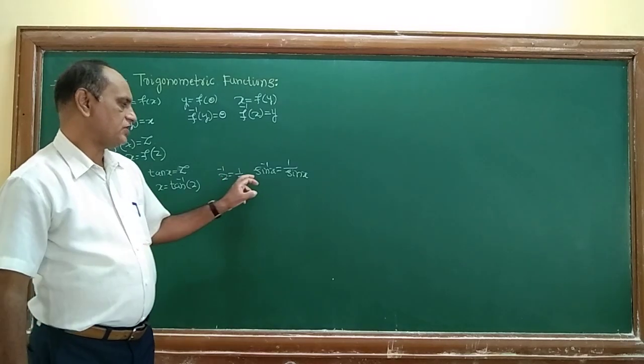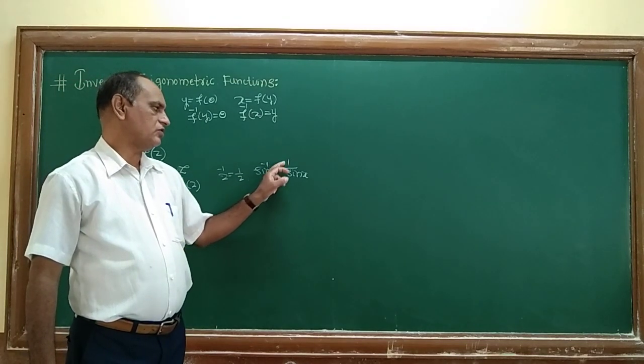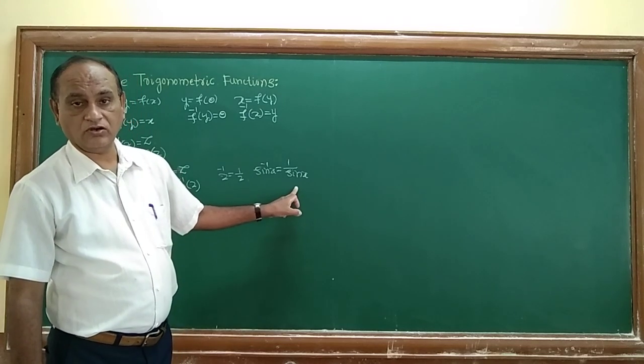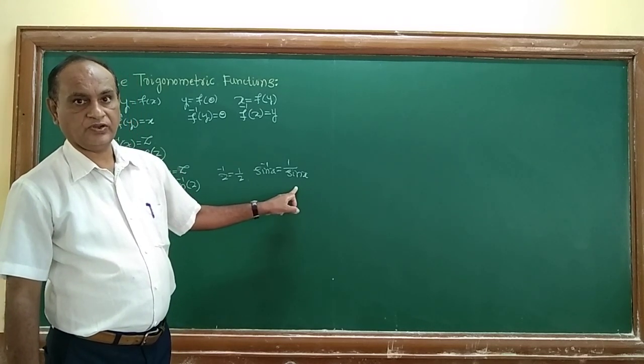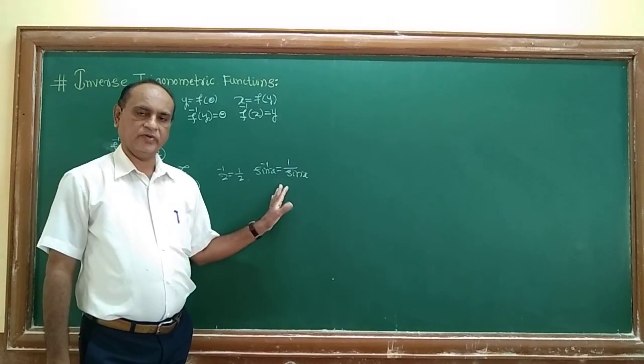So sin inverse x is equal to 1 divided by sin x. Is it a correct statement or wrong? You tell me whether it is wrong or correct.